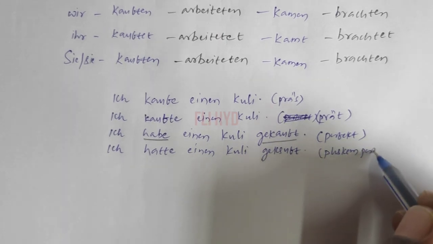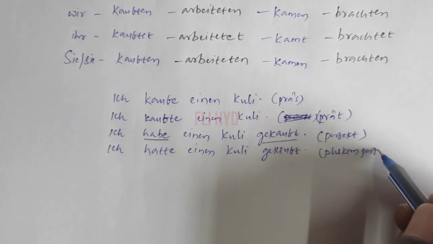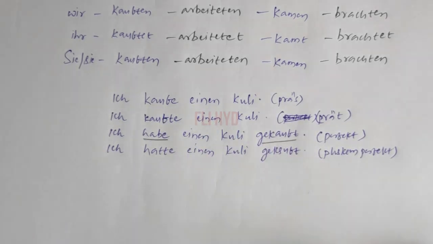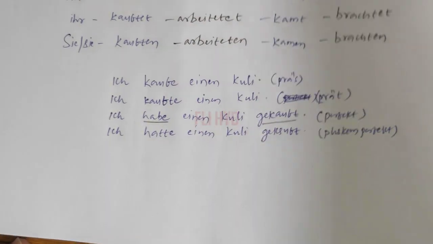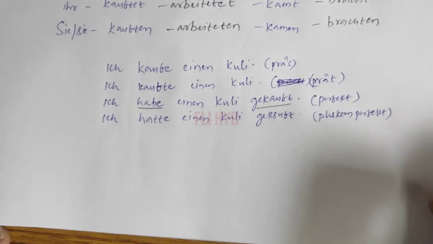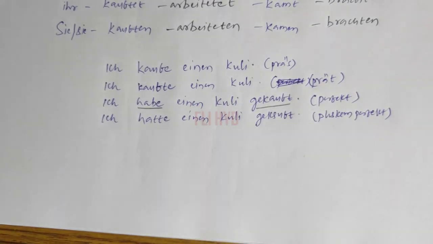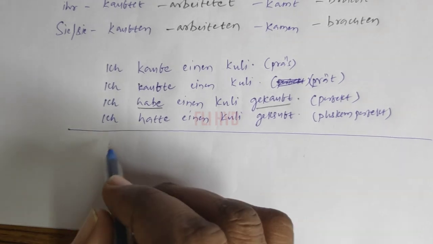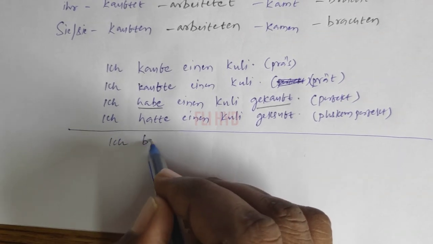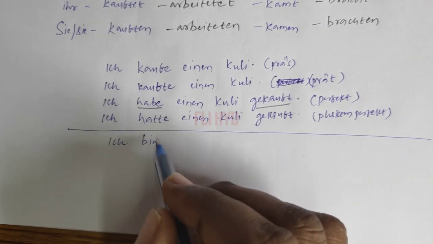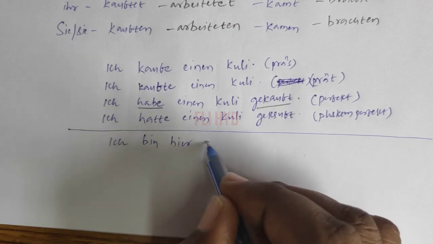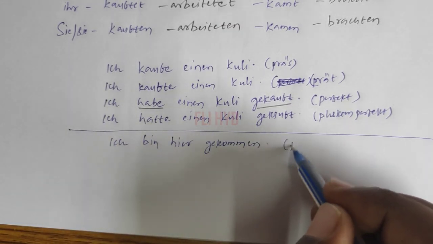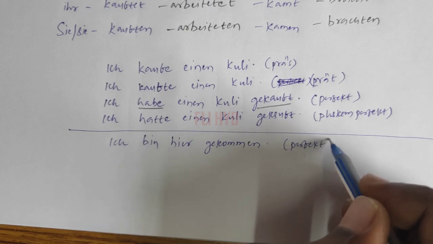So this is Plusquamperfekt, and kaufen is a weak verb. Now we'll see one more example with a strong verb. For example, Ich bin hier gekommen means I have come here. This is perfect, like a present perfect.